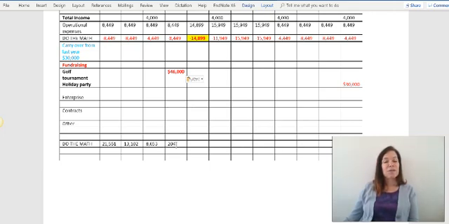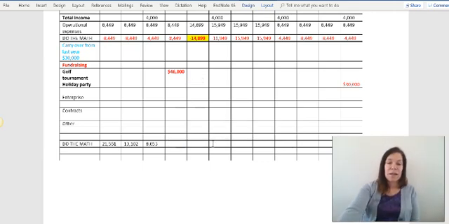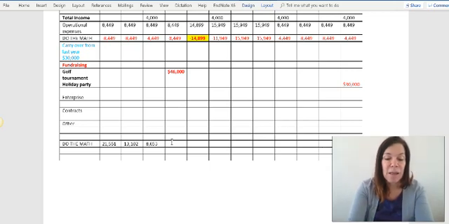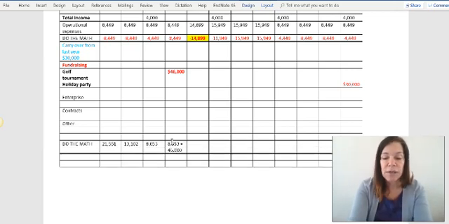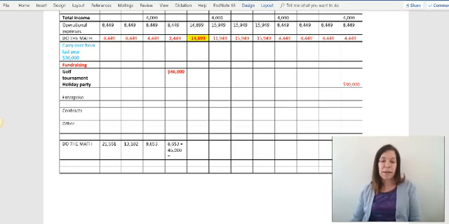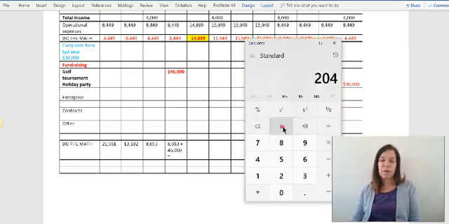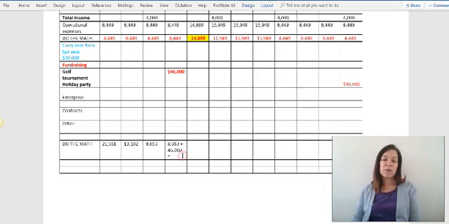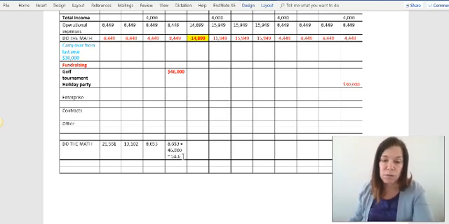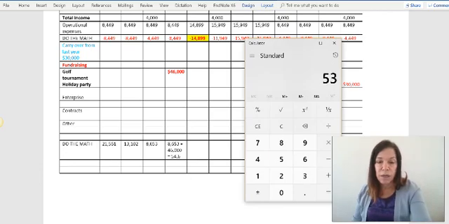And now, instead of subtracting $8,449 from $8,653, we actually are going to have in our bank $8,653 plus $46,000 equals, there, let's let the calculator do it, 8,653 plus 46,000 equals 54,653.